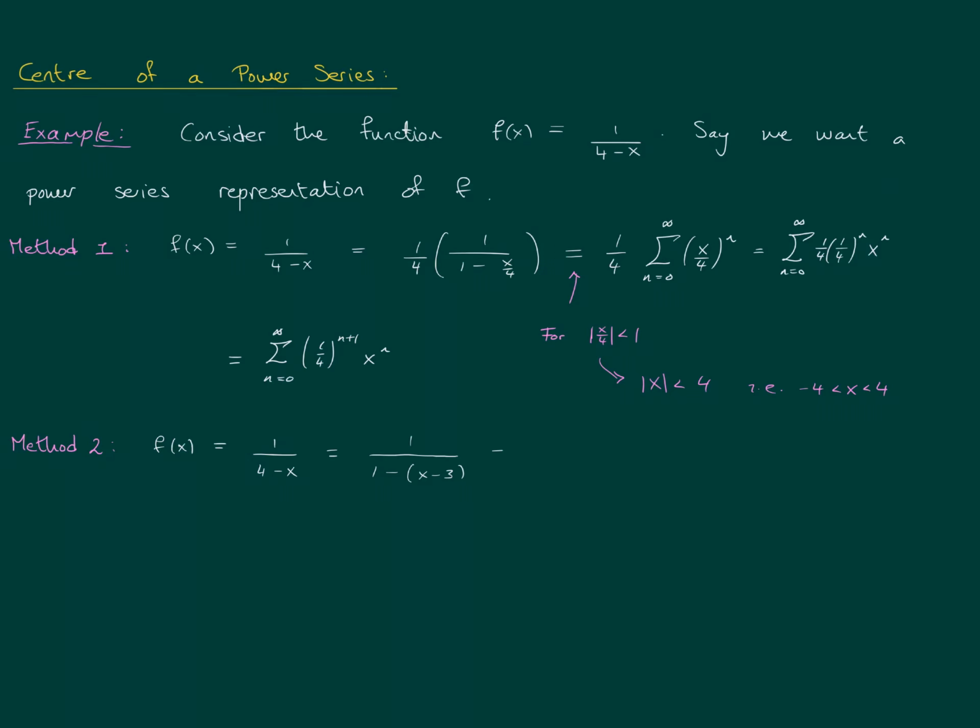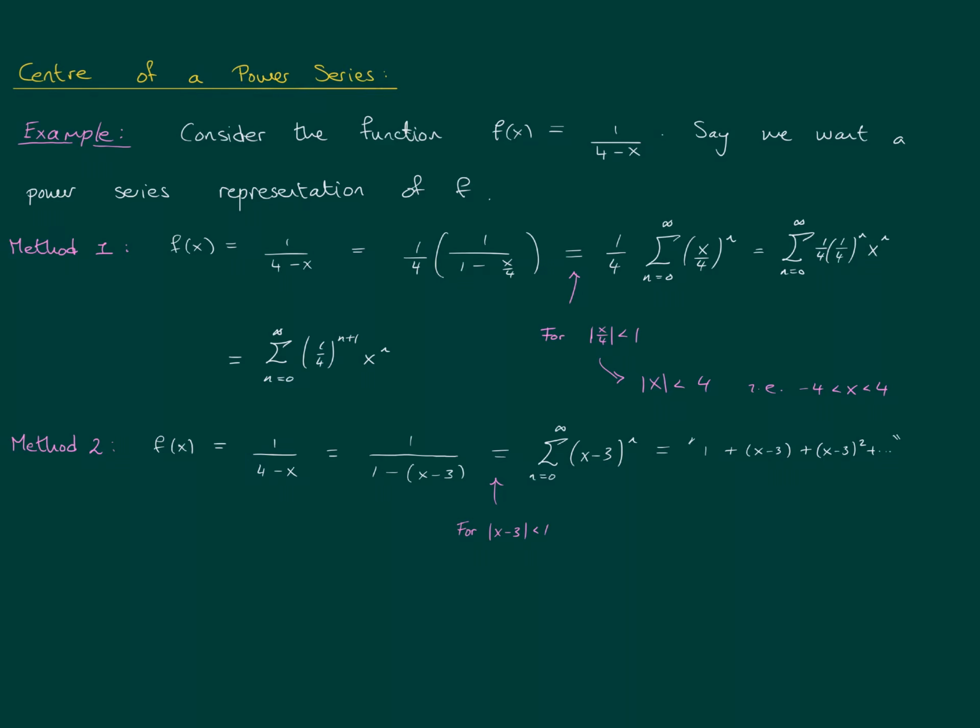Now, that's equal to, using exactly the same philosophy as if I had a w, I can plug in whatever I want, this geometric sum, as long as the absolute value of now x minus 3 is less than 1. So this is equal to 1 plus, in the dot dot dot notation, x minus 3 plus x minus 3 squared plus dot dot dot.